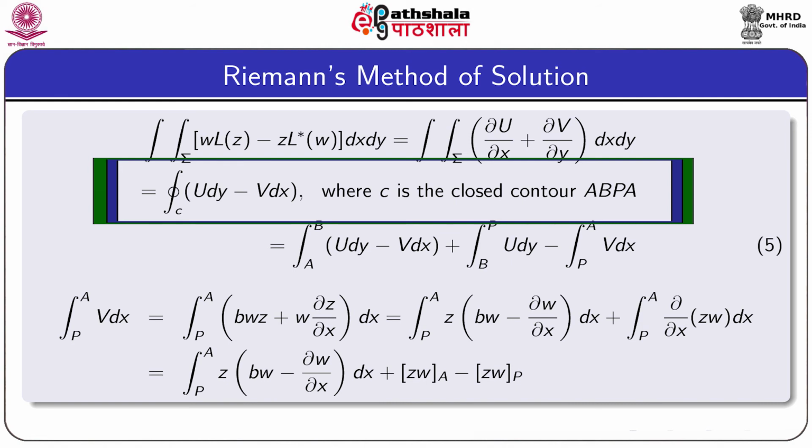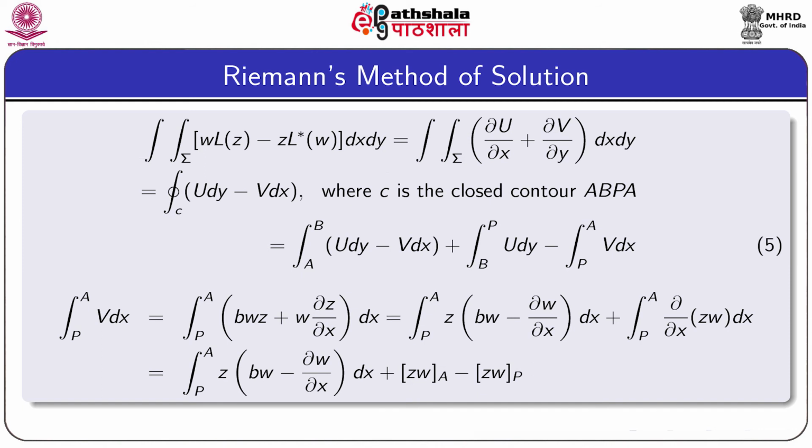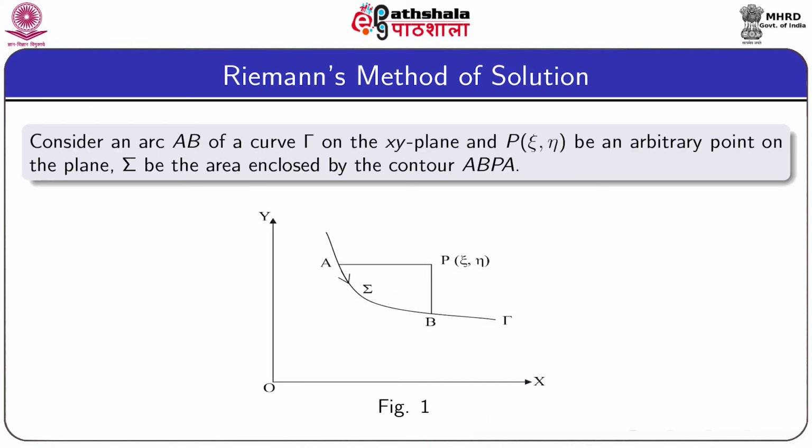So, using Green's theorem, this surface integral becomes a line integral over the curve C, where C is the closed contour ABPA, as can be seen in the figure.